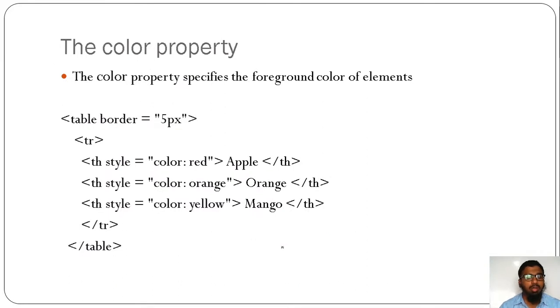Okay, so the color property is like what we studied about the table tag. In the table tag we gave the border also. If you give border equals 5px, that is the size of the border. For this you can give the color also. th style equals color red for apple. th style equals color orange for orange. th style equals color yellow for mango.